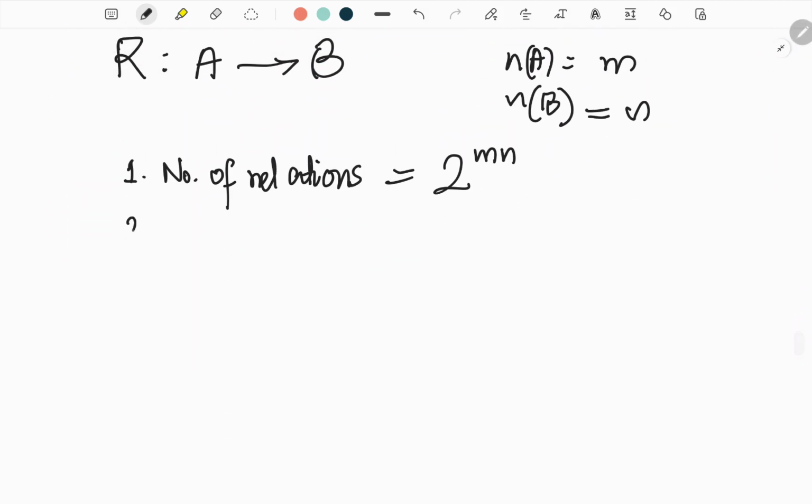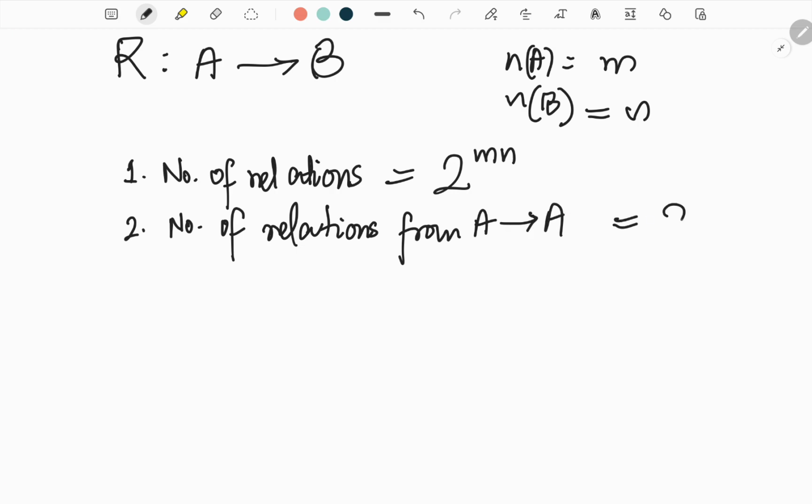Let's say I am considering the number of relations on A. That means the number of relations from A to A. Then the number will be 2 raised to M square. And the number of relations from B to B will be 2 raised to N square.